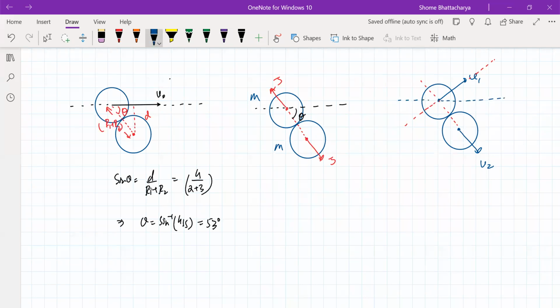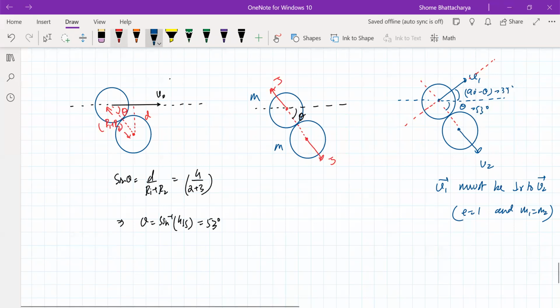So making use of that really helps over here. We know that this angle is theta, and now this angle will be 90 minus theta because V1 must be perpendicular to V2, because E is equal to 1 and M1 is equal to M2. So this angle is 37 degrees and this angle is 53 degrees, and the problem becomes really simple.